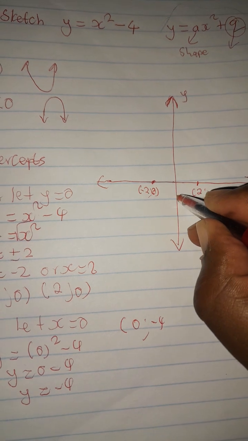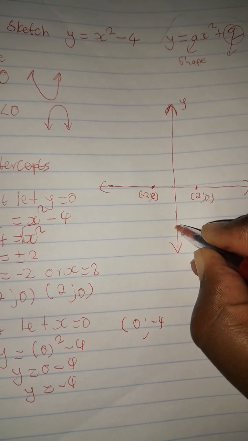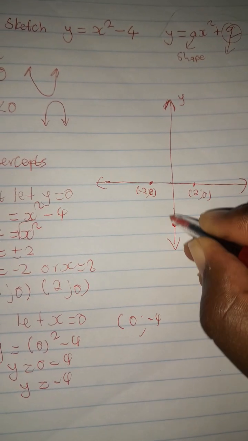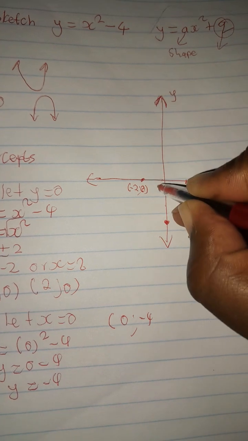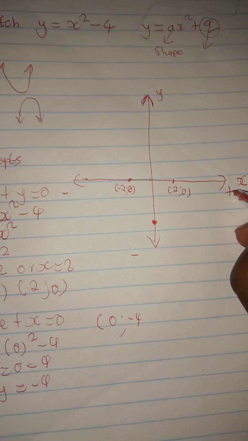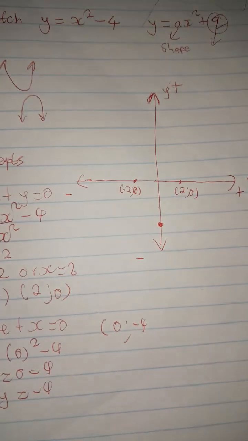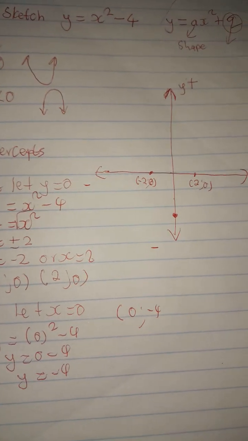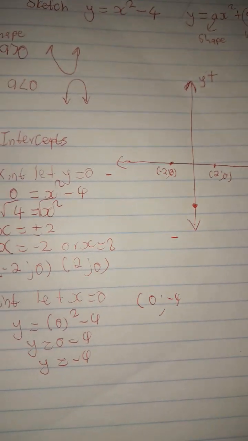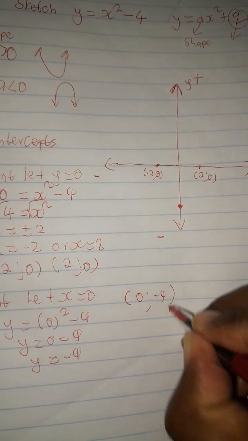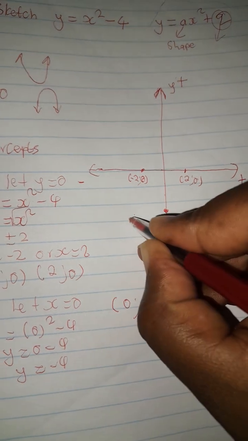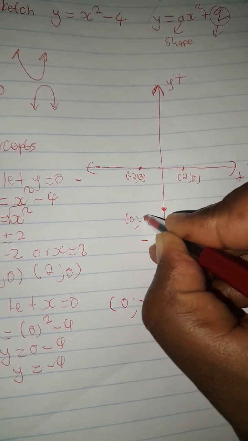We count 0, 1, 2, 3, 4 downward, that's why I put negative 4, because downward is where you find your negatives, and upward is where you find your positives. The left hand side is negative and the right hand side is positive. So it's very important to understand your Cartesian plane. We call this line the y-axis and this line the x-axis. So we are going to place our point 0 and -4.